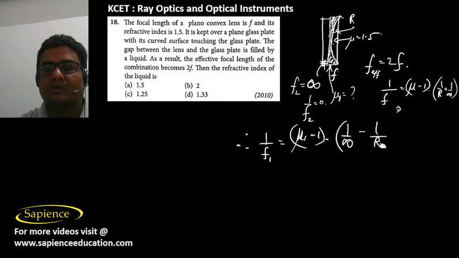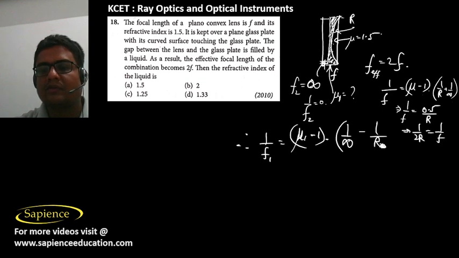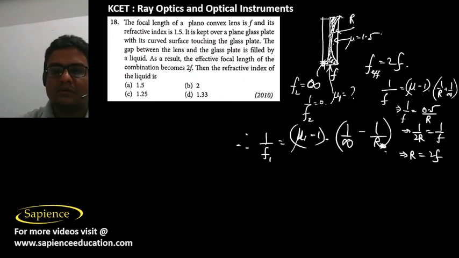So 1 by f is equal to 1.5 minus 1, which is 0.5 by r. So 1 by 2r is 1 by f. So r is equal to 2f.